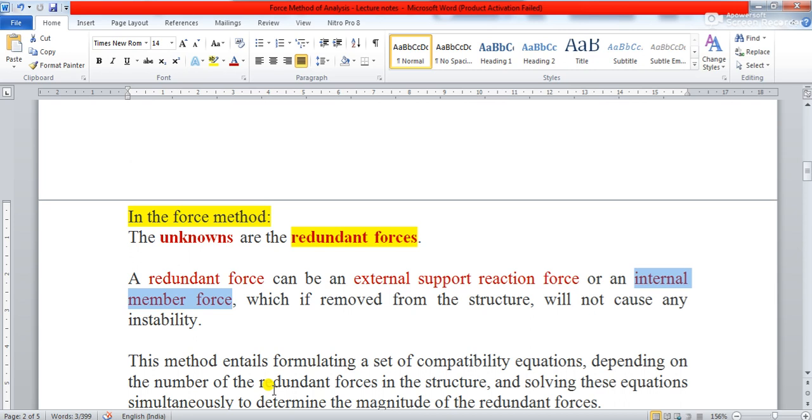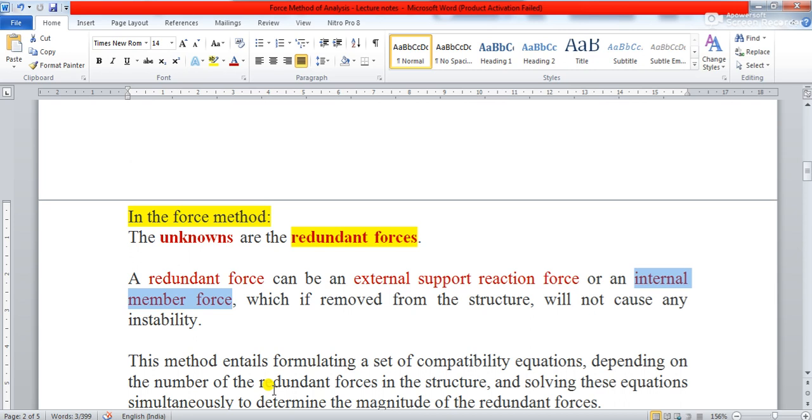if you remember from the previous class, I showed you one cantilever beam which has a prop at one end. That is the propped cantilever. That prop gave the cantilever beam 1 degree of indeterminacy, right?